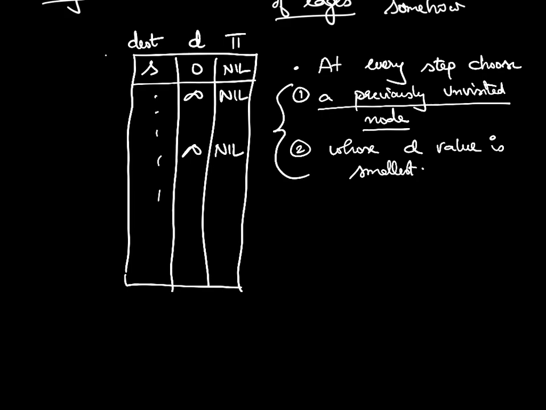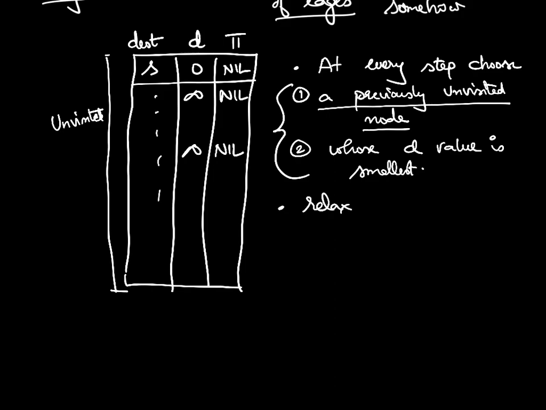So originally everything is unvisited, and the idea is to choose a previously unvisited node whose d value is the smallest. Do that at every step.